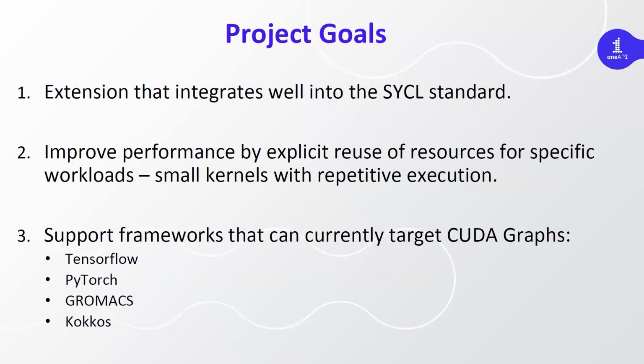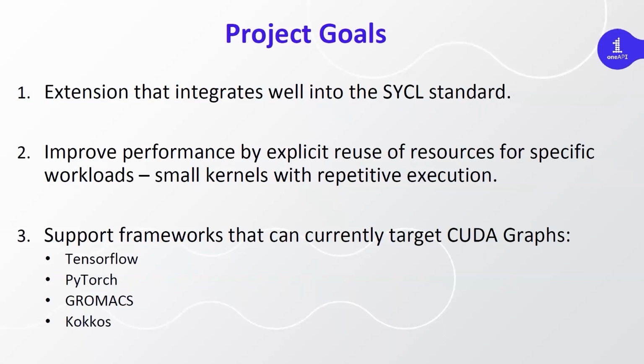Our goal as a project as a whole is, right now it's a vendor extension, oneAPI, but ideally we'd like it to be a Khronos extension once we've got the extension mature enough to bring it to the SYCL working group.